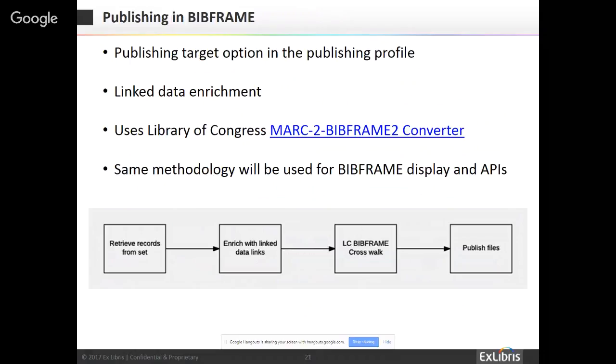So it's really exciting for us. It's a great use of the great work Library of Congress has done on the converter. And so we're looking forward to the comments we've already received and to putting in any fixes to make it a fully proper and valid BIBFRAME available from within Alma. So that is very exciting.